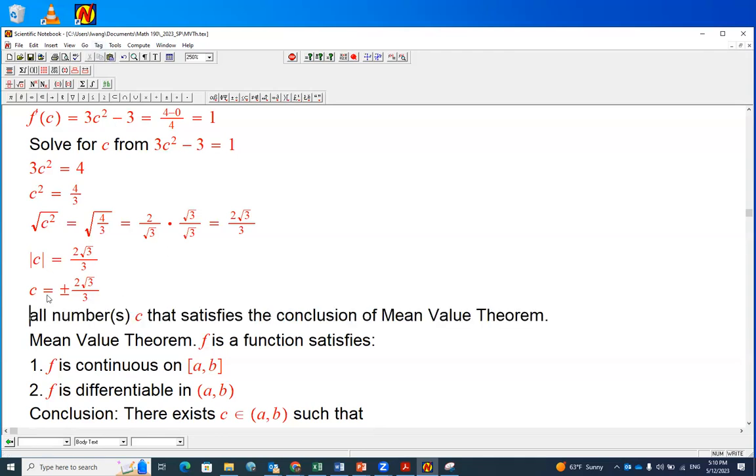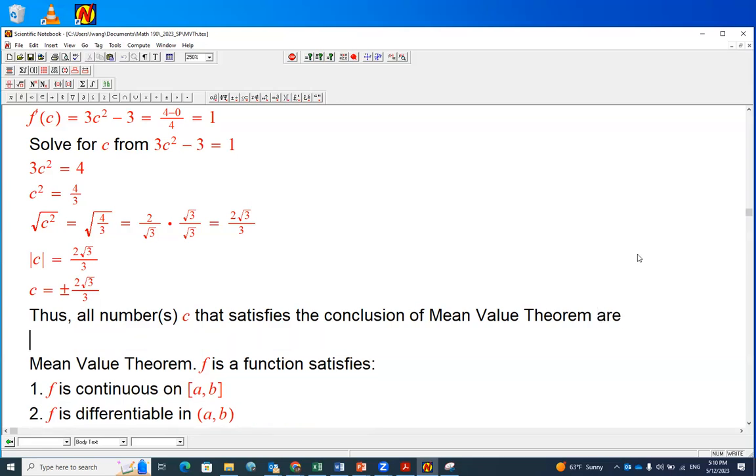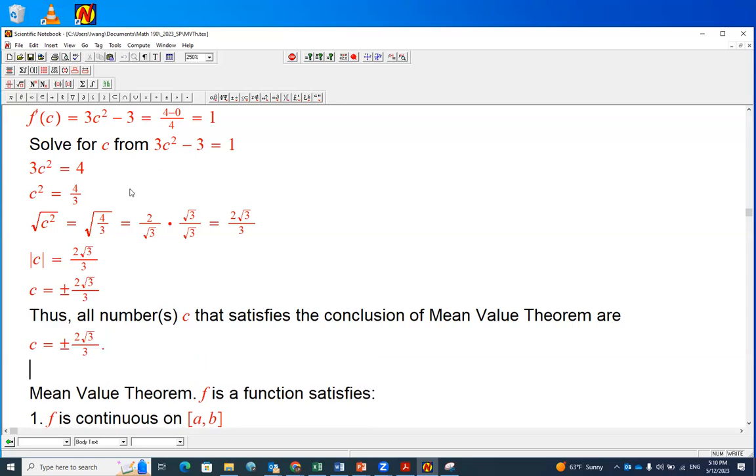Thus, all the numbers that satisfy the conclusion of the mean value theorem are these 2. There. And we're done. Okay. So this is how we apply the mean value theorem.